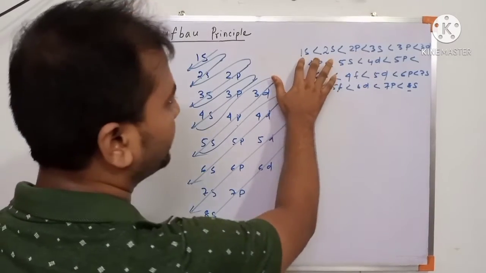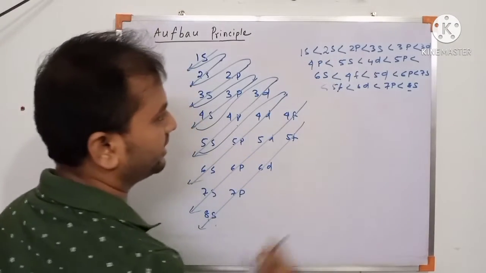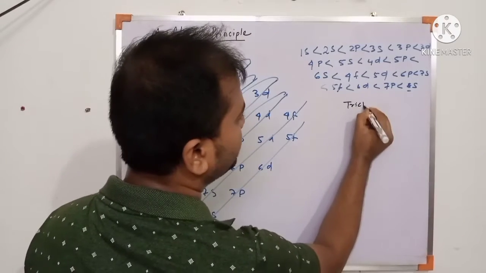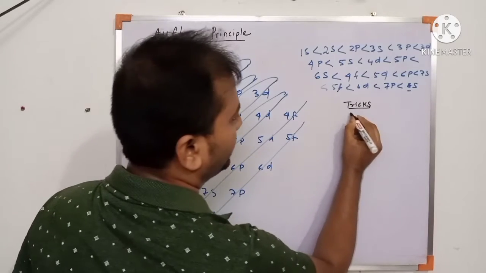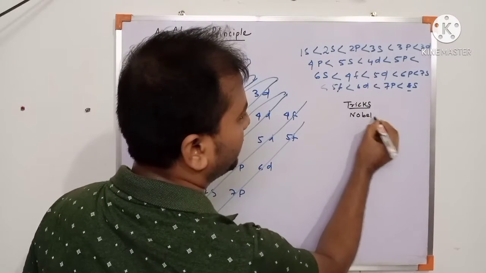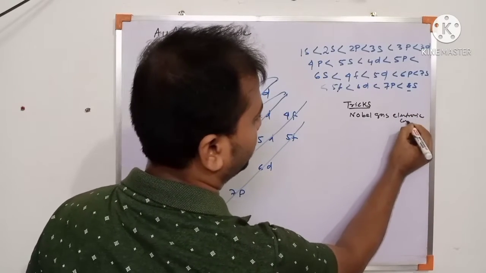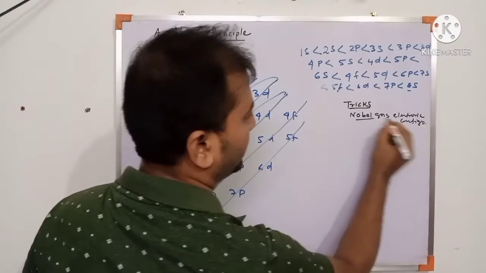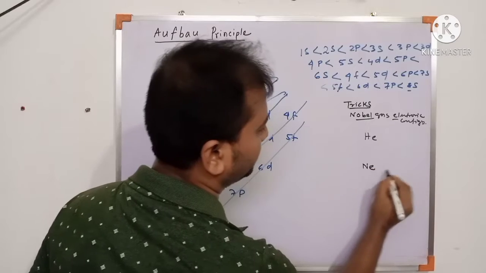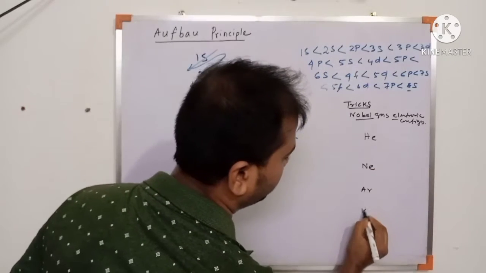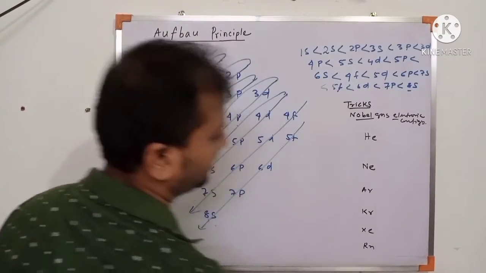The first electron enters the lowest energy level. Now the trick for calculating electronic configuration is to remember the noble gas electronic configurations. The noble gases we know are helium, neon, argon, krypton, xenon, and radon.